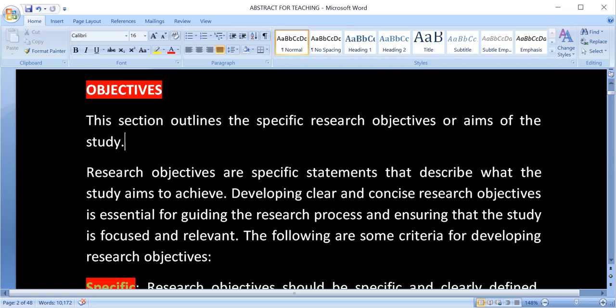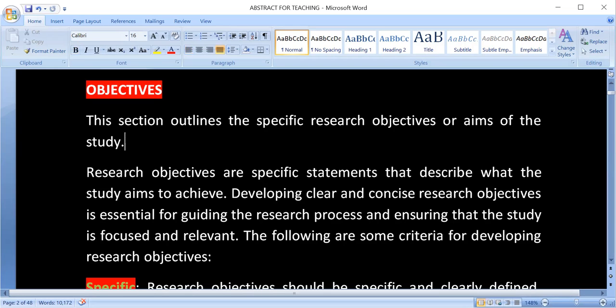Research objectives are specific statements that describe what the study aims to achieve. Therefore, developing clear and concise research objectives is essential for guiding the research process. If you don't have a good research objective, it will not reflect the statement of the problem and the background.